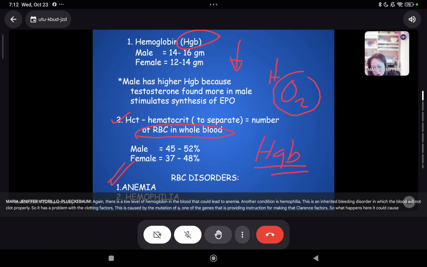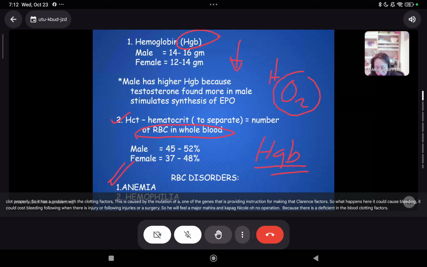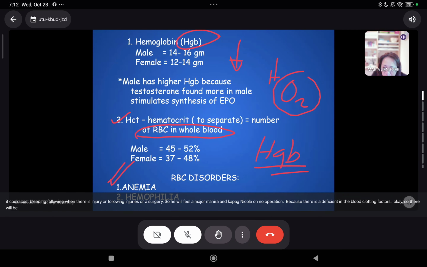It could cause bleeding following injuries or surgery. So when there is hemophilia, it is difficult when there is an operation because there is a deficiency in the blood clotting factors. Okay? So there will be a low level of blood clotting factors, and this is an inherited bleeding disorder.